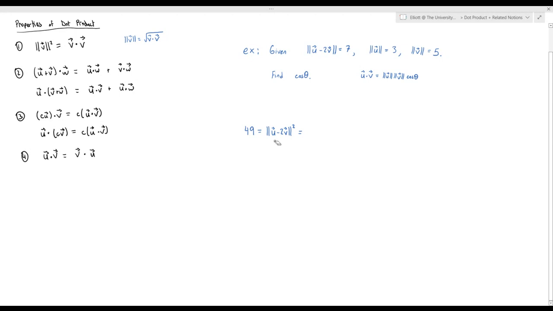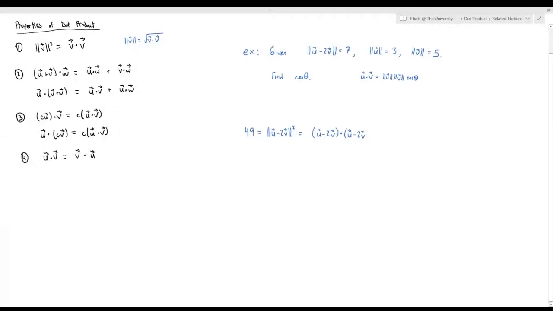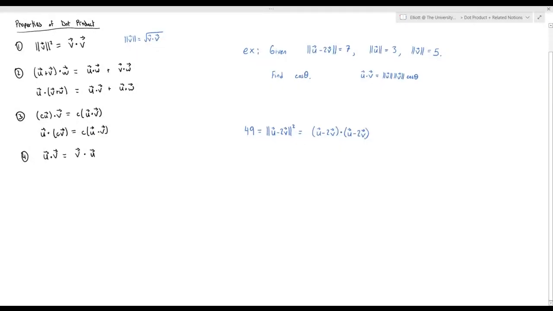Here we have the norm of u minus 2v squared, which would be u minus 2v dot product with itself, so I'm going to write it that way. It's like taking the first property and replacing v with u minus 2v everywhere.